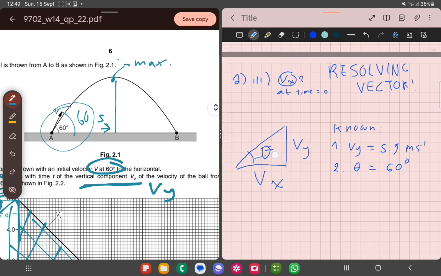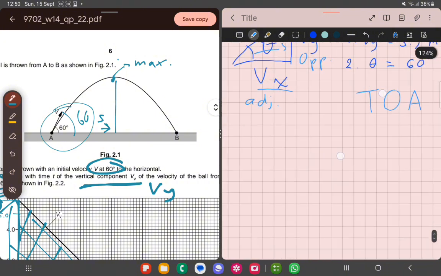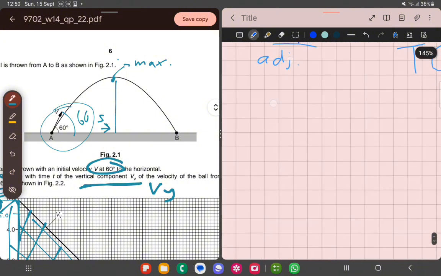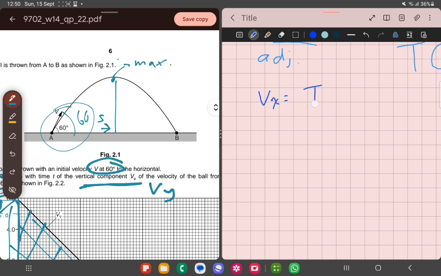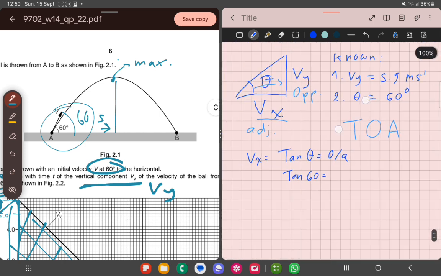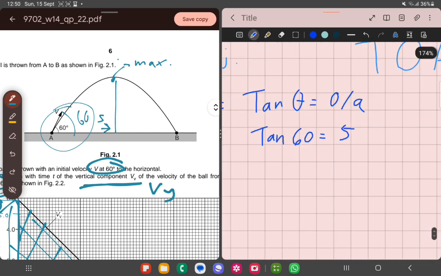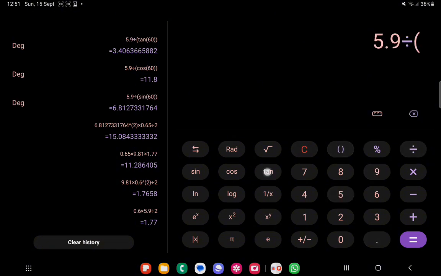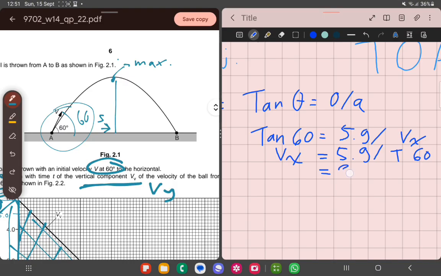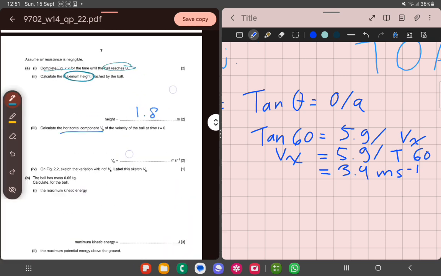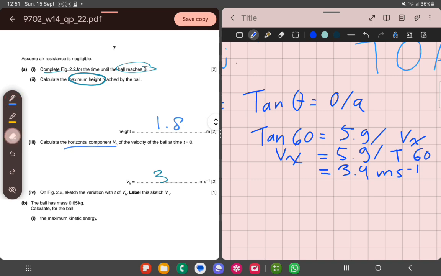Here, we know that Vy is the opposite of the angle, and Vx is the adjacent, so we can use TOA, which is tan theta equals O over A. We substitute the variables: tan 60 equals the opposite, 5.9, divided by Vx. We divide 5.9 by tan 60, which equals 3.4, and we need to round it to two significant figures. So we have the Vx here.